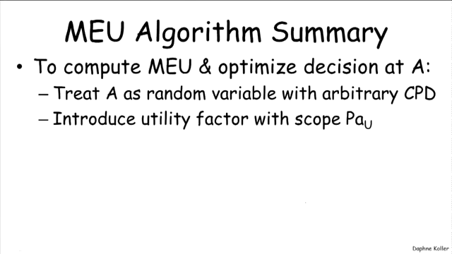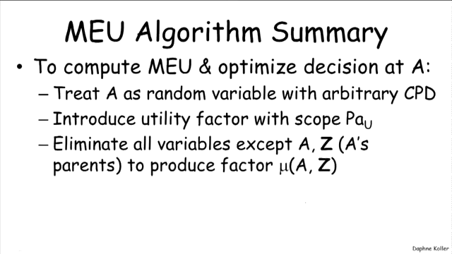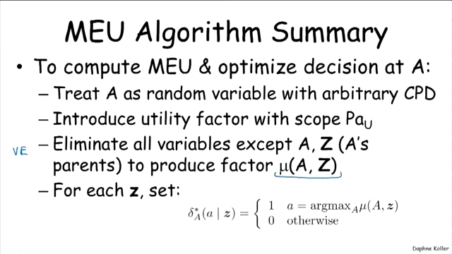So now we have, as usual, a collection of factors. We now do effectively a variable elimination algorithm. So this is plain, good old variable elimination to eliminate all variables except A and A's parents, which produces a factor mu sub AZ. And then for each parent assignment Z to the variable A, we choose the action that maximizes over A within that vector.